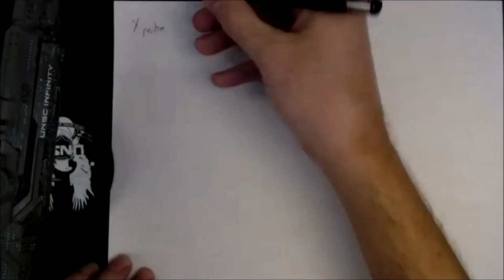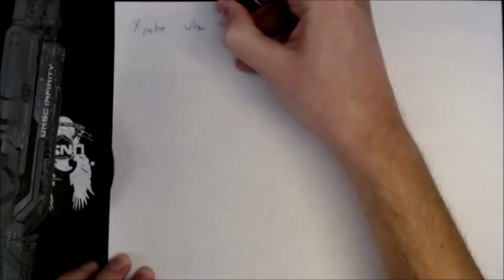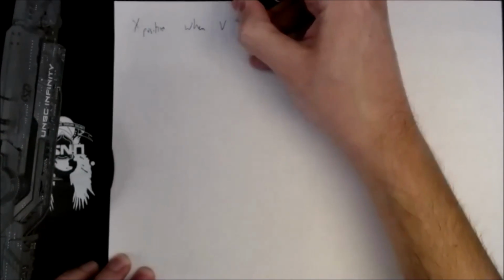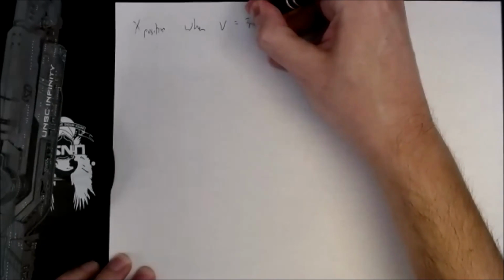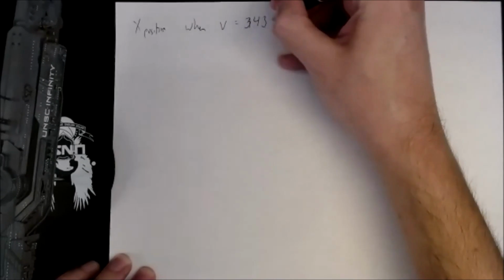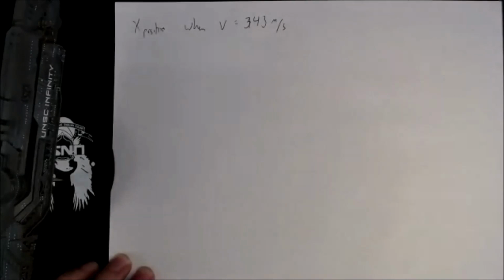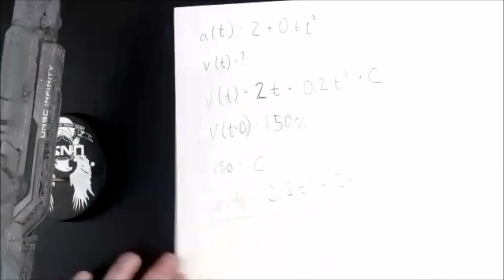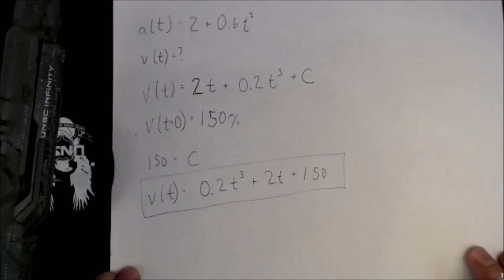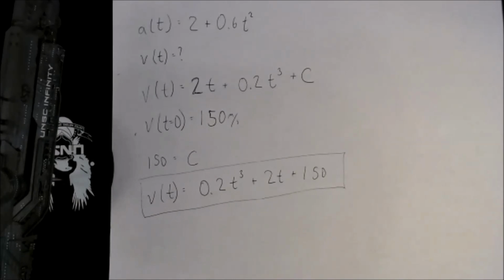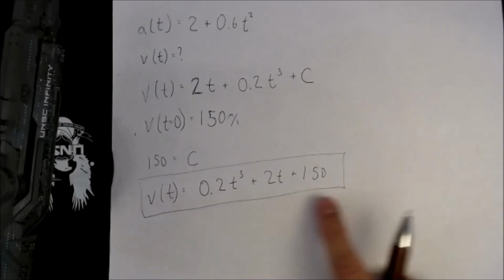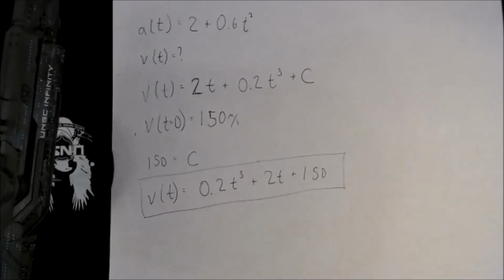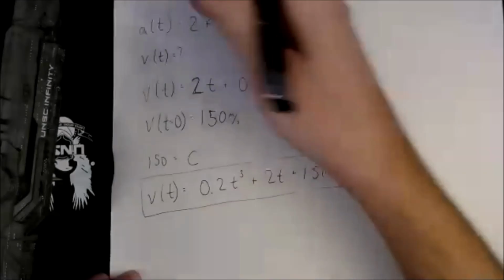We need to find the x position when the velocity is equal to 343 meters per second. That's not too bad, because we've got the velocity right there. Can we use this to figure out a time at which that would be the case?